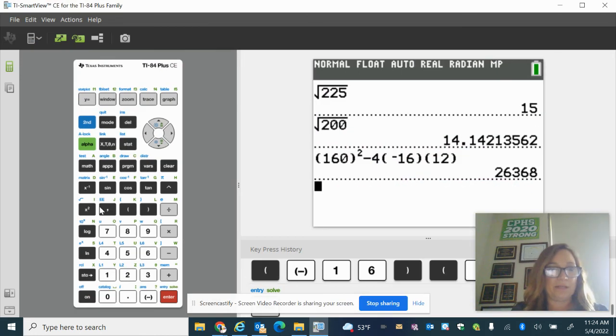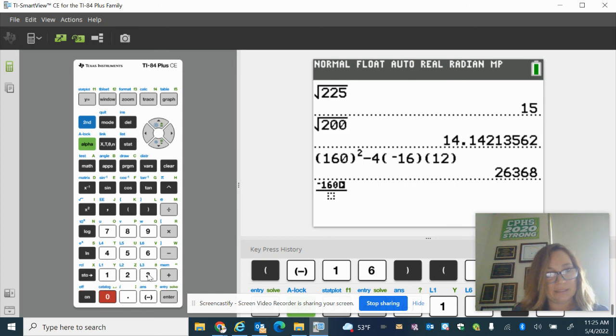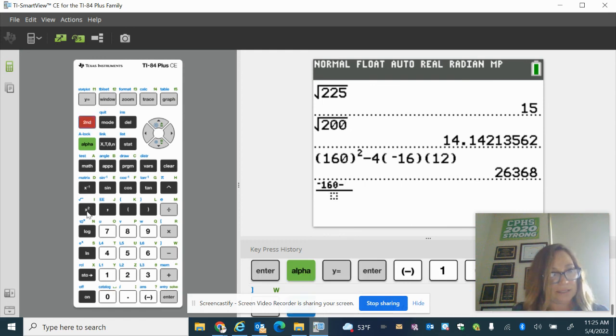I'm going to do alpha y equals to get a fraction, and I'm typing in negative 160 minus the square root of 26368 over negative 32.